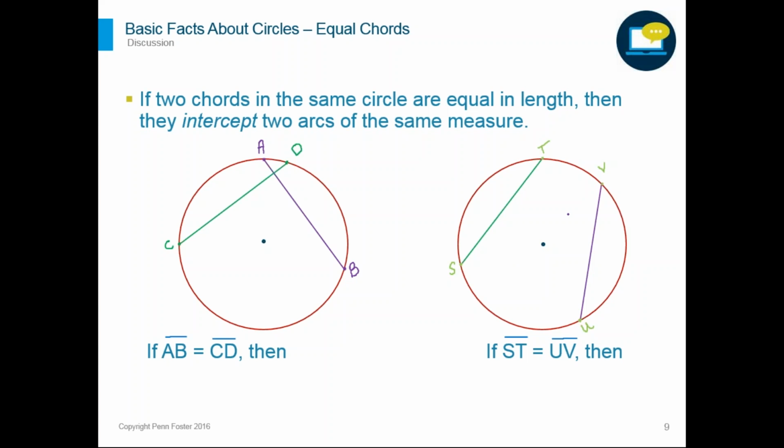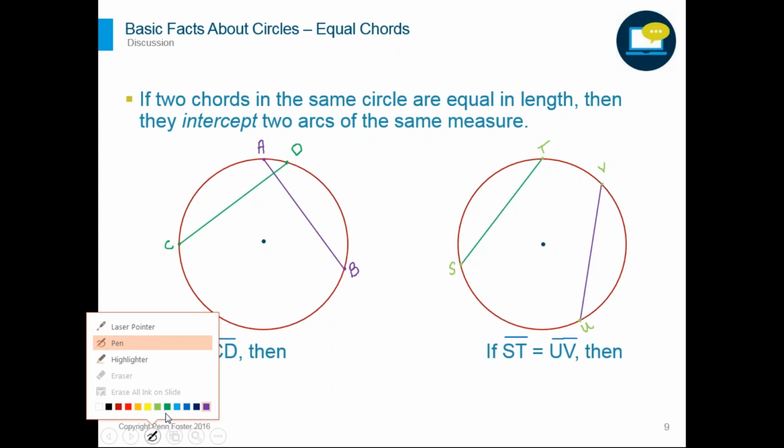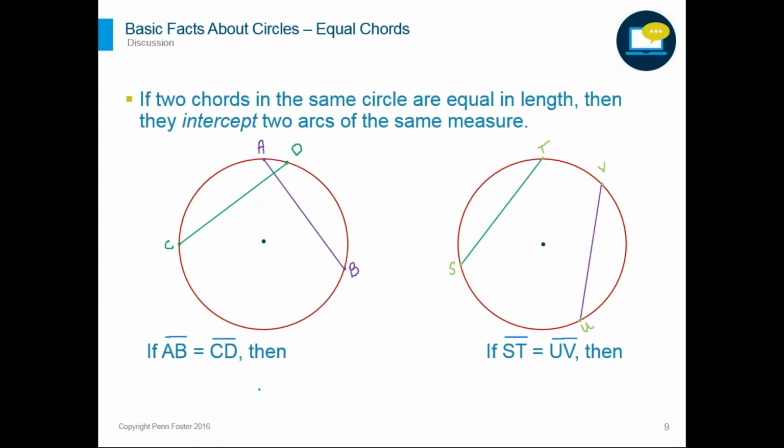So let's start with this circle. ST and UV are chords. They have the same length. Then the result is that the arcs that both chords intercept have the same measure. Let's use colors to understand that better.